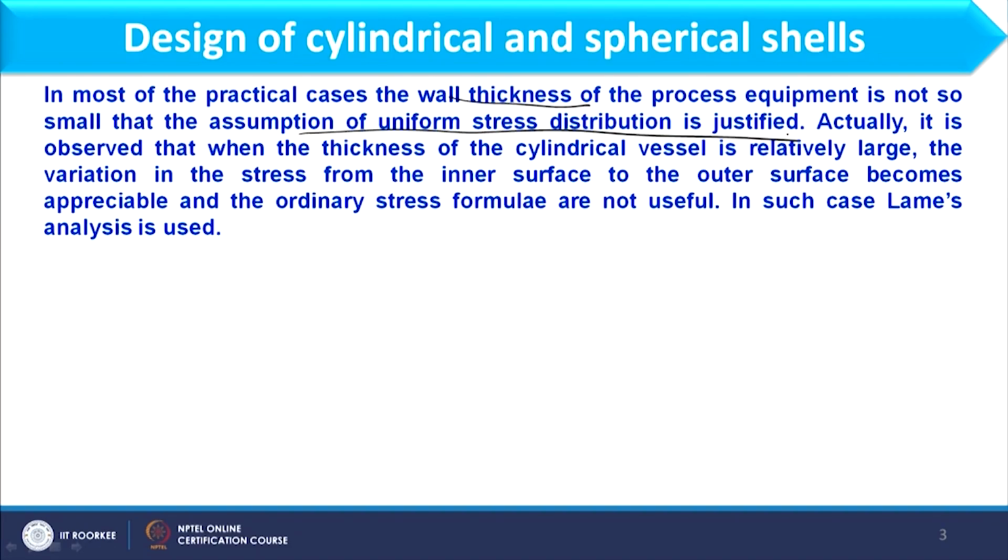Now if you remember the membrane stresses, where we derived the expression for computation of thickness for thin vessel, there we considered very small thickness of the metal sheet or of the shell, and that gives the uniform distribution of stress from inner surface to outer surface, because that thickness is very small, and in that case we considered only two stresses, hoop stress as well as longitudinal stress.